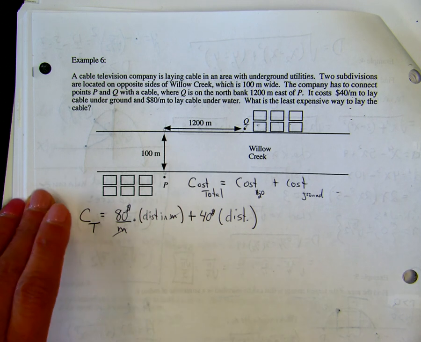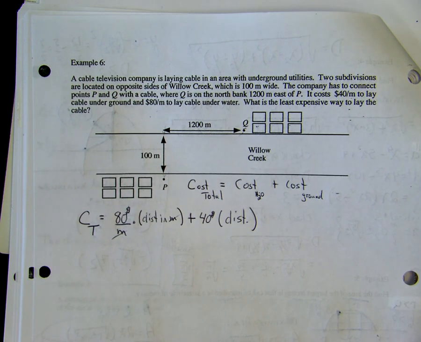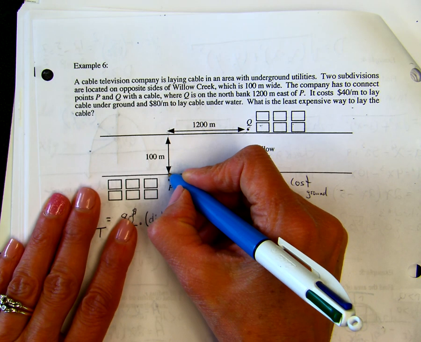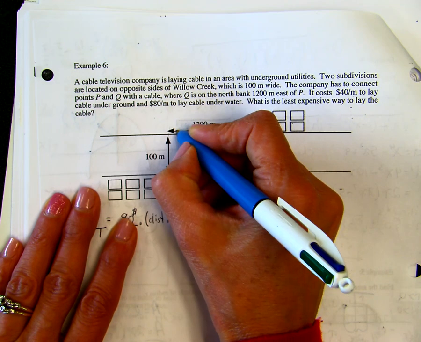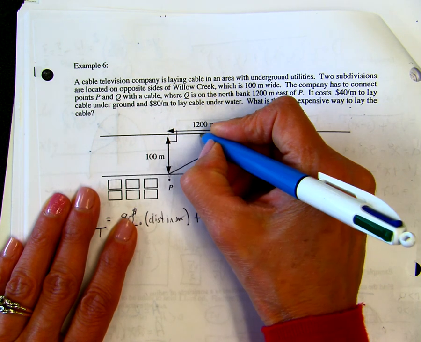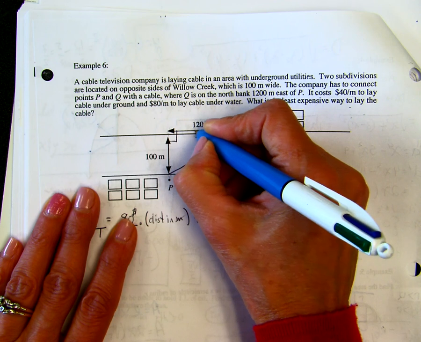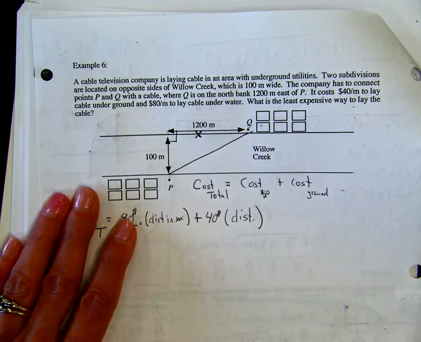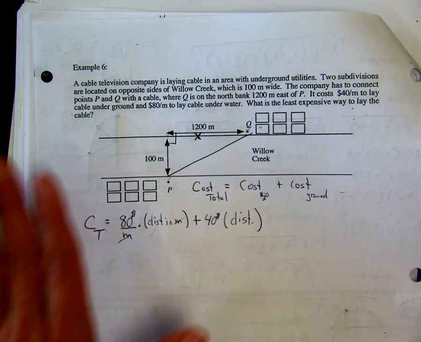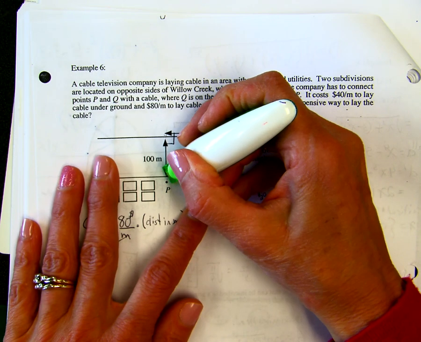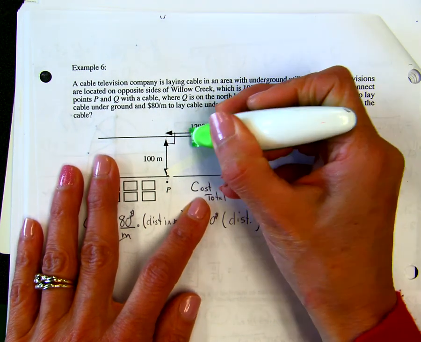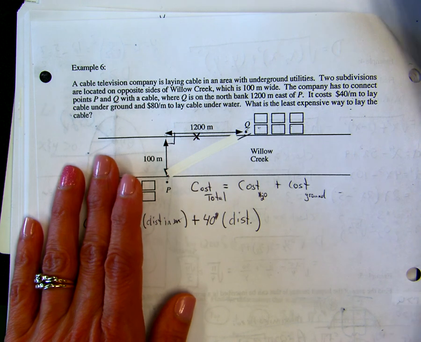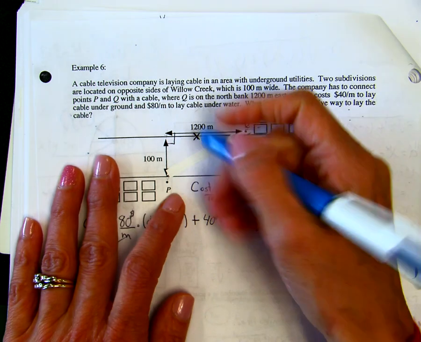Okay, so then let's come up with some kind of variables here. If I look at this distance, I'm going to draw this right angle triangle, and I'm going to call this distance here x. I'm assuming here that this point is somewhere in between.